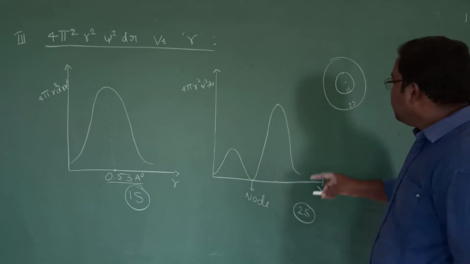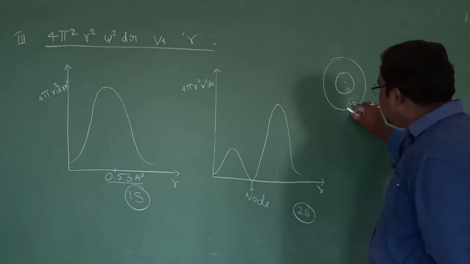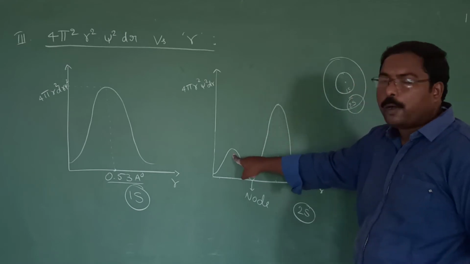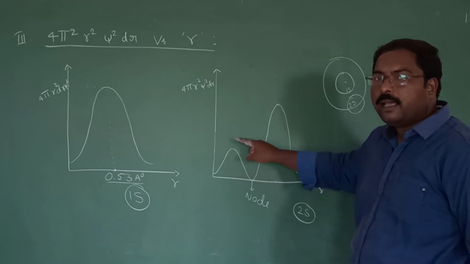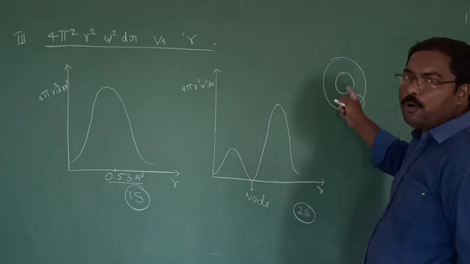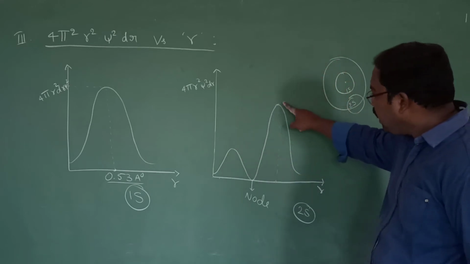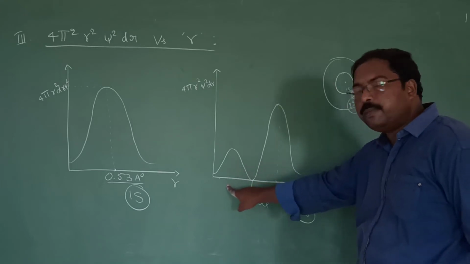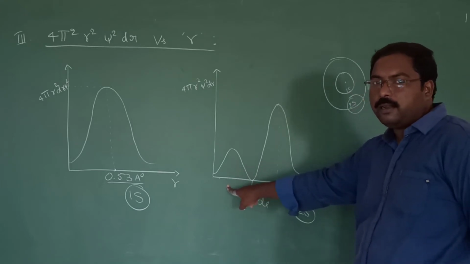So the electron present in a 2s orbital will have less probability of being found near the nucleus, and it will have more probability when it is somewhat away from the first. Got it?